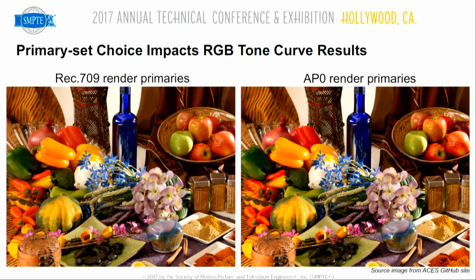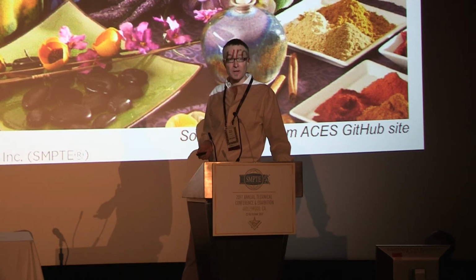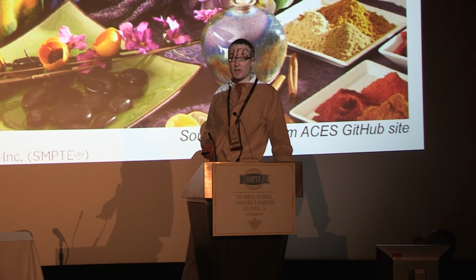Another issue with applying tone curve in a conventional way is that the results that you get in terms of these hue and saturation changes depend on the primary set that is used to apply the curve. And so in this example, I'm showing applying the same tone curve in both cases using Rec 709 primaries on the left and ACES 2065-1 or AP0 primaries on the right.